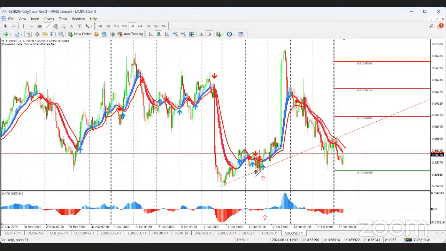And then the MACD indicator below, let me click on the ascending line again, is also showing us that the lows are getting higher, which means that there's potential for this price to go up. So it is correlating. The lows of the MACD are getting higher, the lows of the price on the screen are also getting higher. So if I see an arrow to buy, definitely I'll place a buy in that instance.